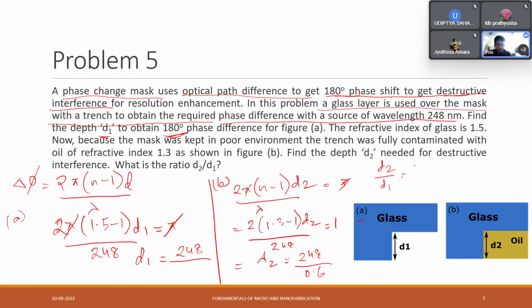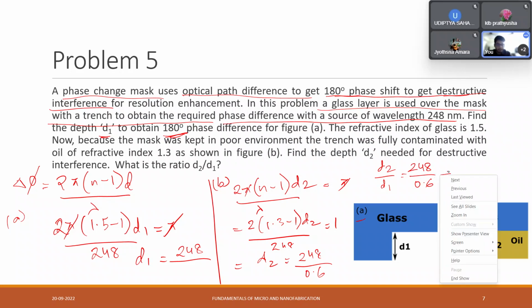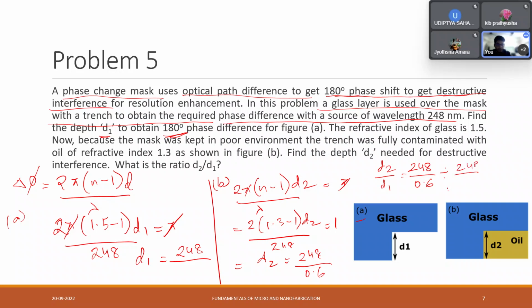Essentially d2 by d1 is 248 by 0.6 divided by 248. So this will come down to 48 by 0.6, and you will get 10 by 6 as the answer.